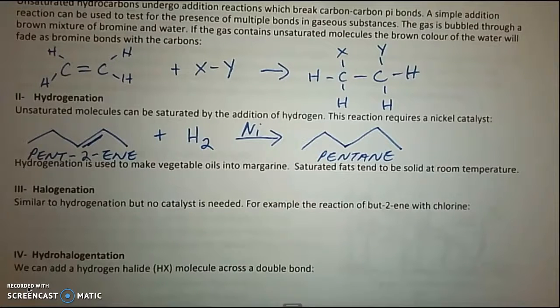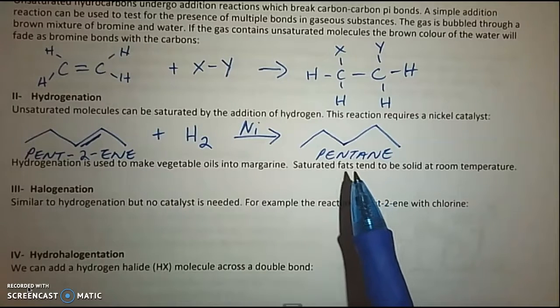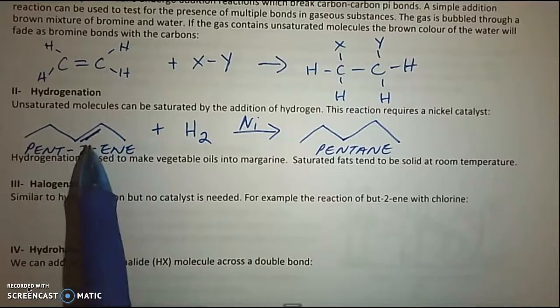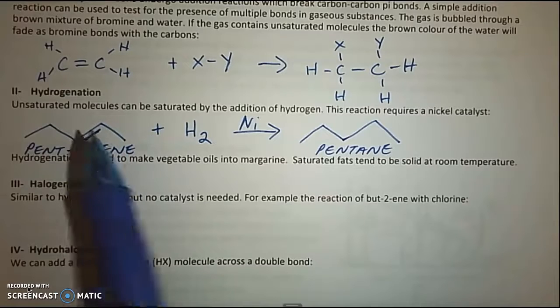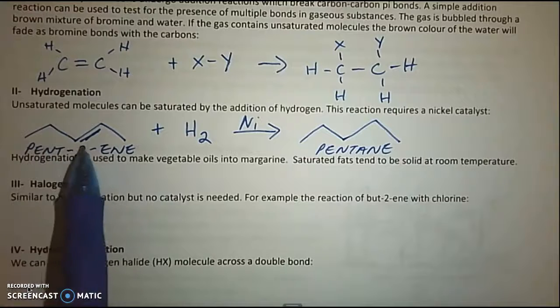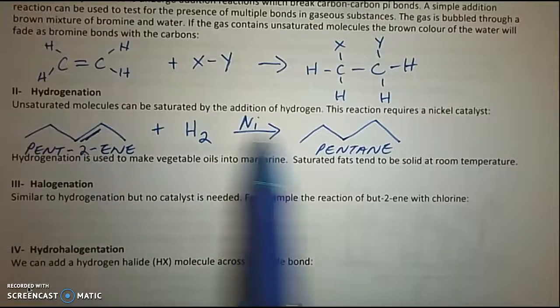Okay, this is a reaction that's used on an industrial scale to take unsaturated fats, which will have double bonds in them, and convert them to saturated fats. Okay, obviously fatty acids are much bigger molecules than a pent-2-ene, but the same idea applies.